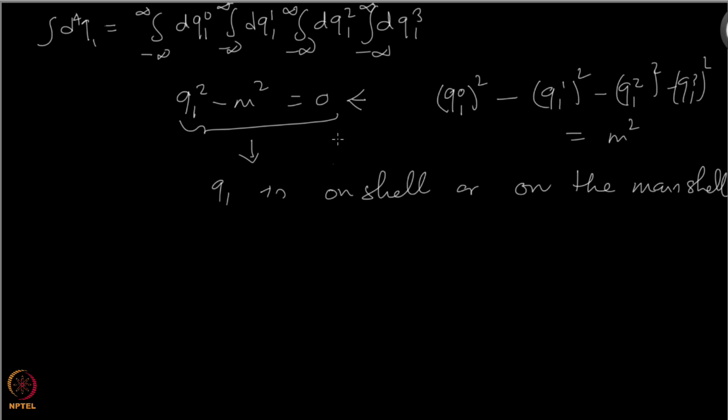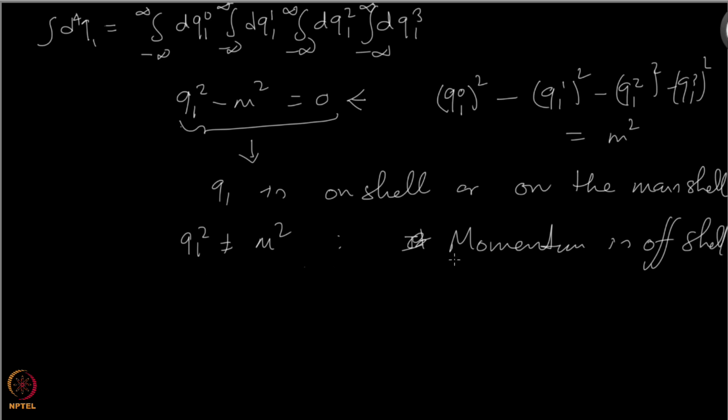So, if the momentum that is flowing through the propagator, if the square of it, and by the square I mean this, gives you m square, then it is on shell. Otherwise, if this is not true, then we say the momentum is off shell, or off the mass shell.